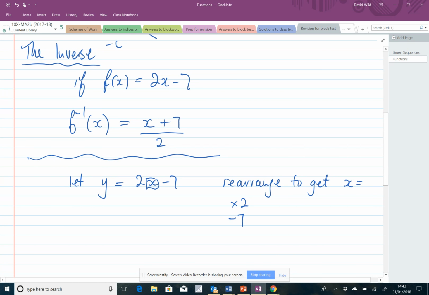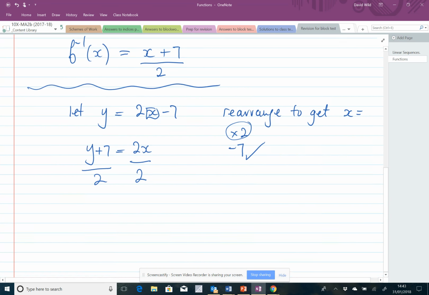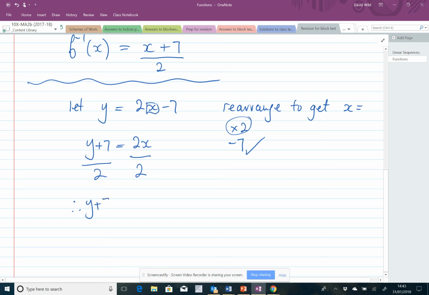So we're going to add 7 to both sides, so we get y plus 7 equals 2x. And now we do the reverse of times by 2 on both sides, so we divide both sides by 2, and therefore we get y plus 7 over 2 equals x.